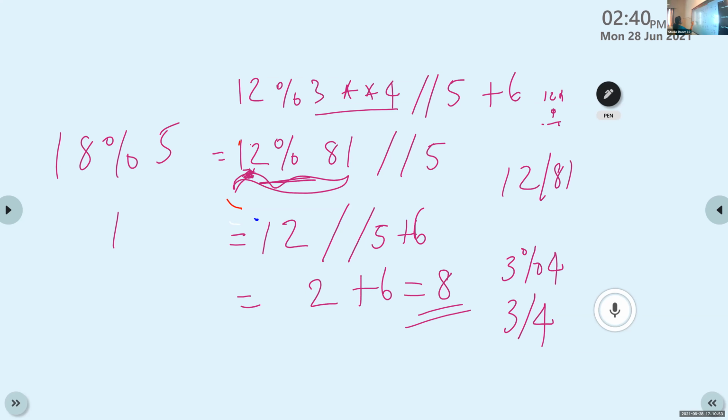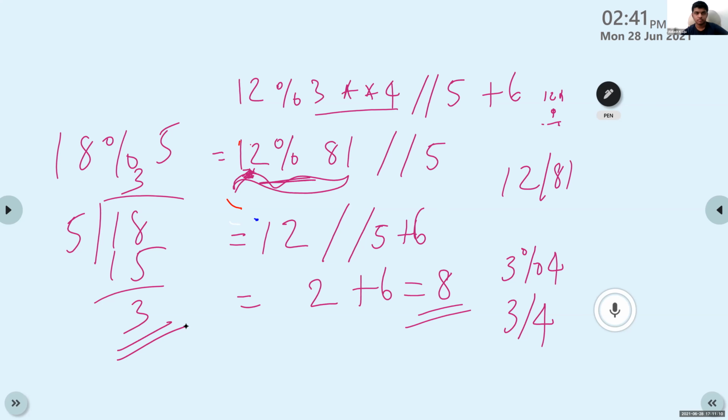Yes, 18 divided by 5, so 3 is the answer. Is it clear, Abhilash? Yes, ma'am. Okay. Buddhadev, any doubt regarding this modular operator? No. Kevin, do you want me to explain any question? No, ma'am. Okay, now it's clear.